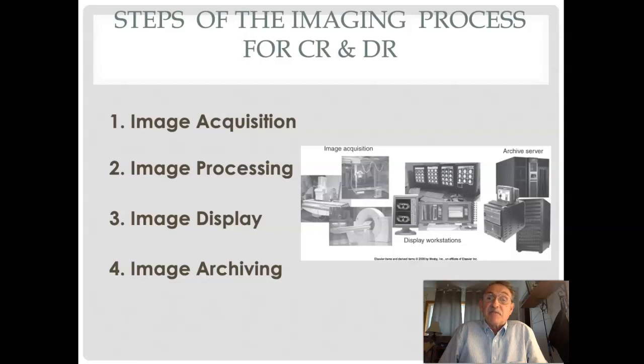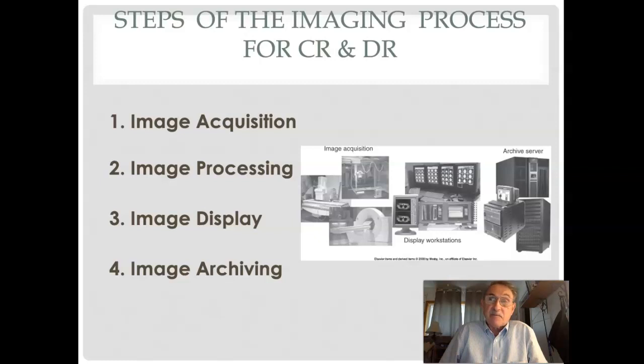For both of them, for CR and for DR, it consists of 4 steps. The first step is image acquisition. That's actually making our exposure and obtaining the electronic image. In the case of CR, we're using photostimulable phosphor plates, individual cassettes, if you will.